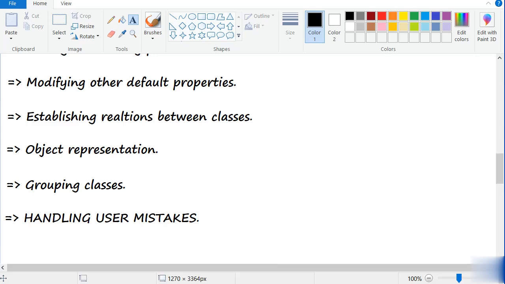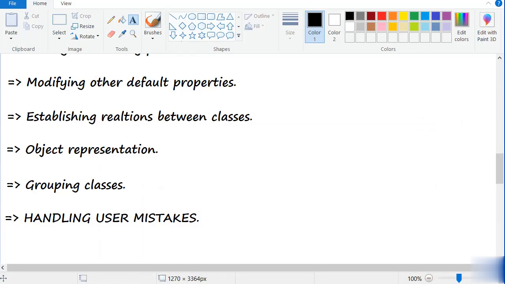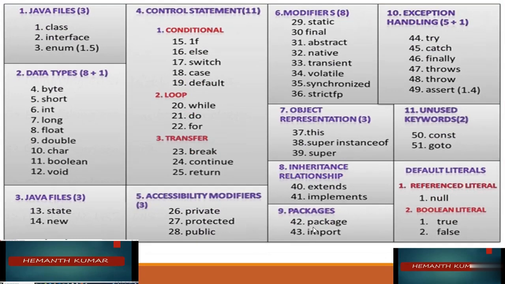For handling user mistakes, we have exception handling keywords like try, catch, finally, throws, throw, assert. For grouping some of the classes into one package, we use the keywords package and import.